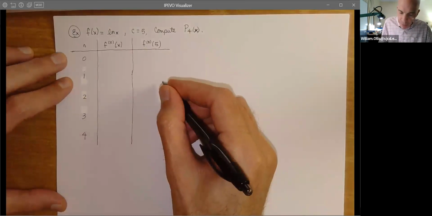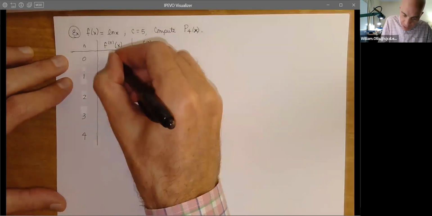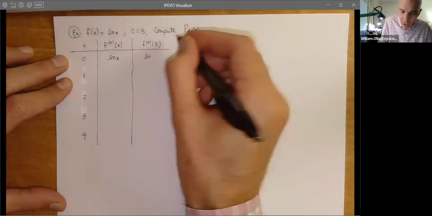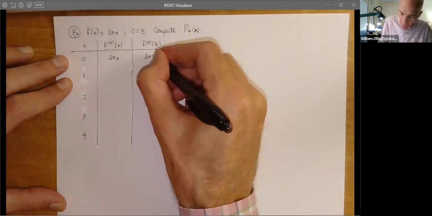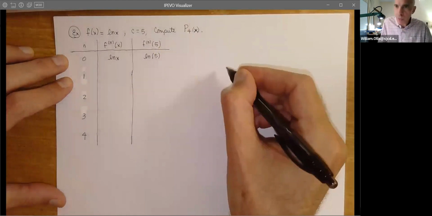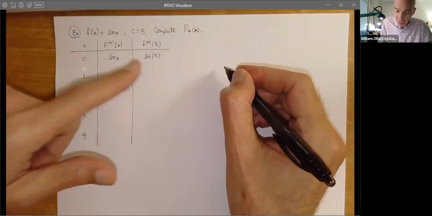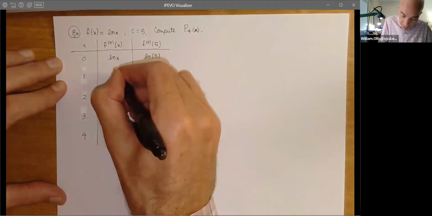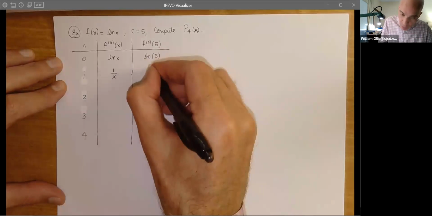So now, what's the original function? ln of x. So we get ln of 5. If you like, you can do parentheses or whatever. WebAssign puts the parentheses in for you, but ln of 5 would be fine. And then, of course, we have 1 over x. So now we get 1/5.